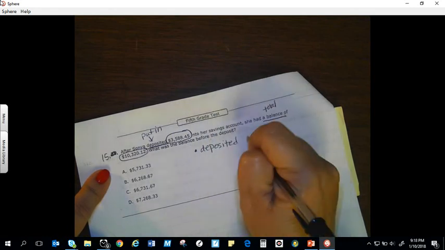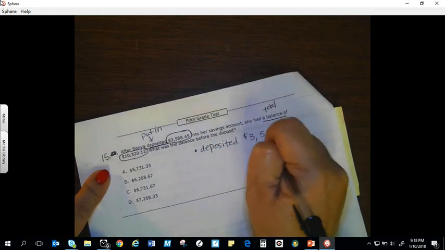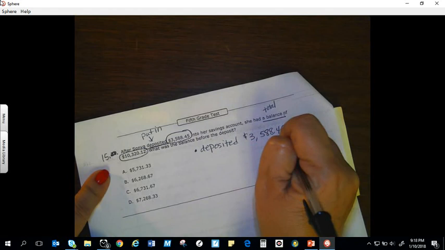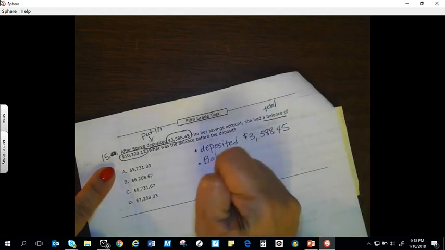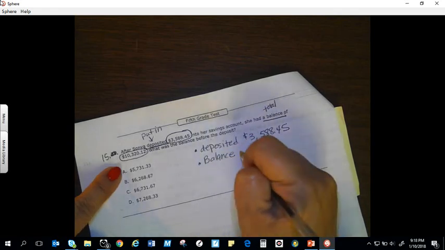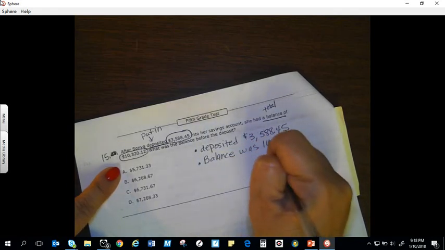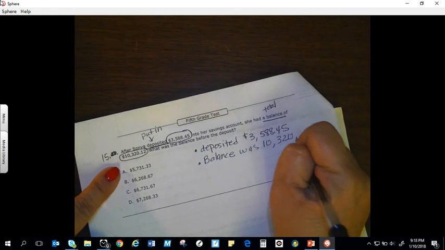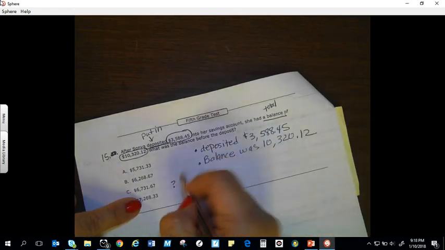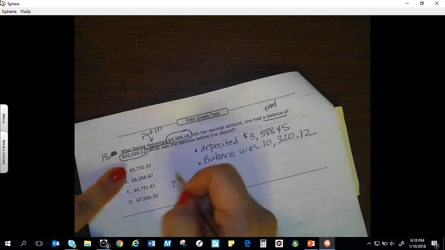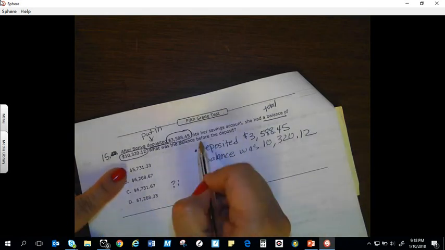So I'm going to bullet my work. She deposited $3,588.45. Her balance was $10,320.12. And then the question that they're asking me, I'm going to put it in a statement: what was the balance before the deposit?